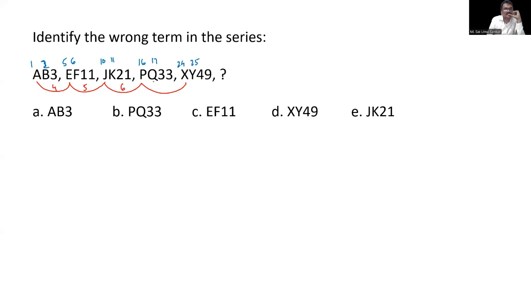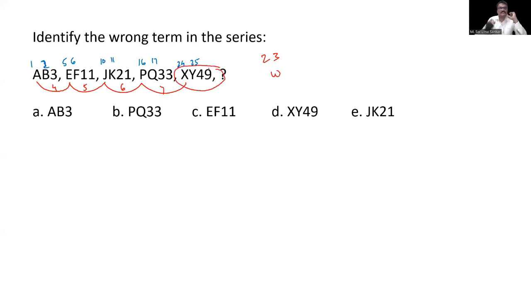The difference is equal to 6. What is the next difference? It must be 7. A plus 4 is E, E plus 5 is J, J plus 6 is P. Next, P is 16, plus 7, that is equal to 23. But here X is there.